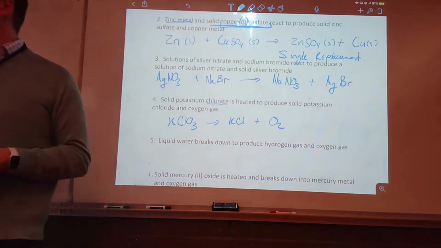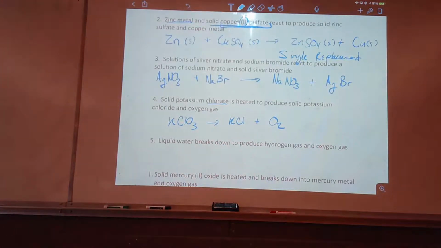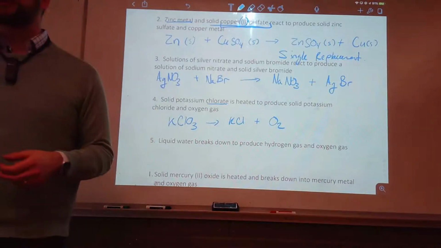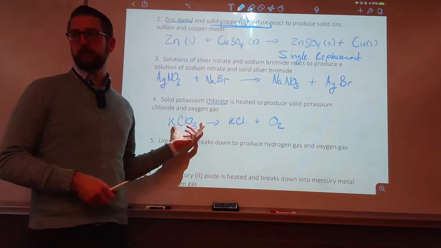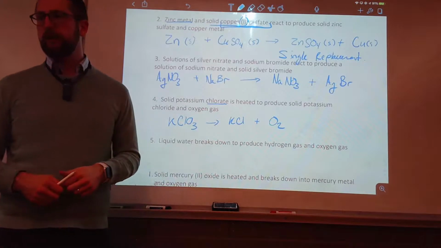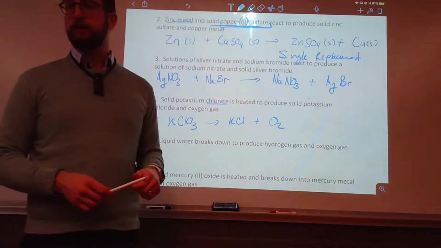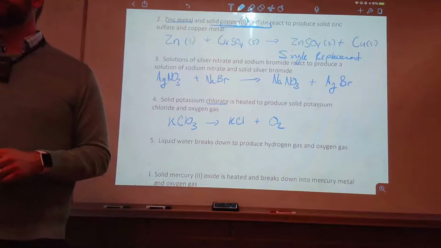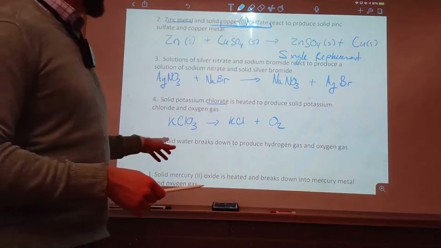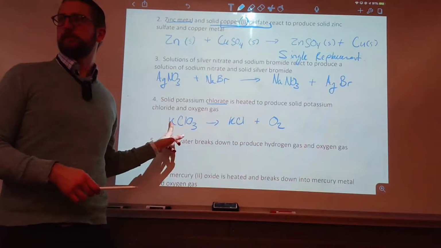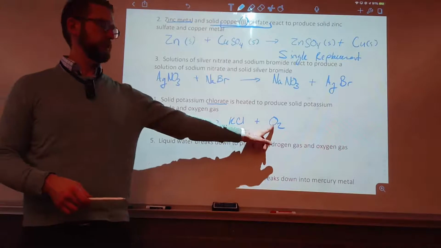So what's the first step? We can multiply, right? So let's put a multiplier in front of one of these numbers. Do you want to put a multiplier in front of potassium chloride, the KCl, or in front of the oxygen? Multiplying this oxygen by 3?